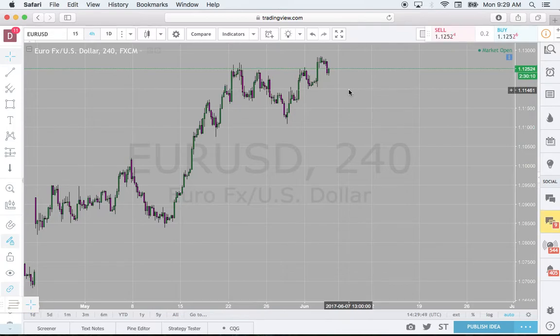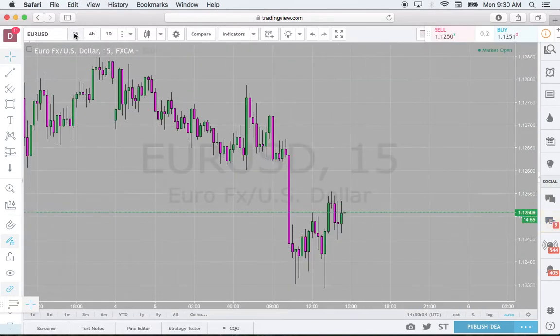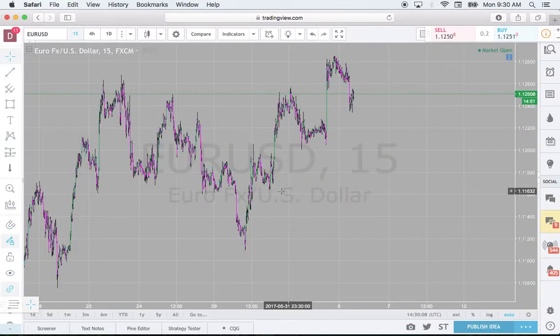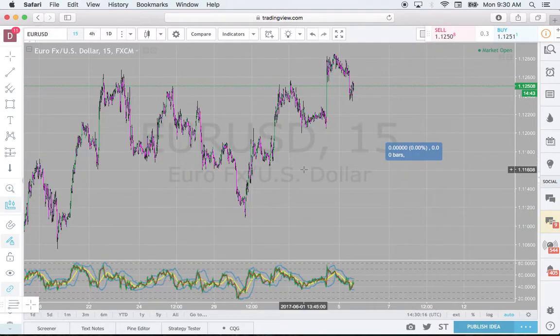I'm going for 30 to 50 to 100 plus pips, trying to get the entire trend as it moves on that 15-minute time frame. So you can see this movement on Euro, this entire movement here could have been caught on the 15-minute chart, and that's 150 pips.